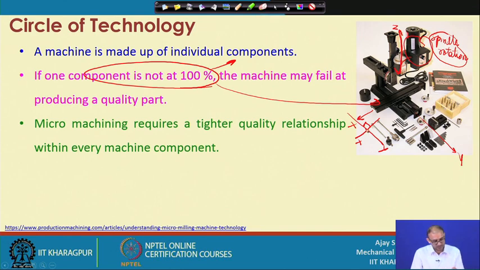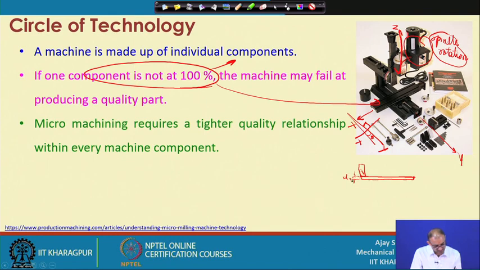That means the perpendicularity should be maintained. If perpendicularity is maintained but the flatness is not there, then there are problems, because you want to cut something like a straight line in this case, and because x and y are not exactly parallel and have some angle theta, your tool is right now here and you want to cut from this to this, this much distance only, and the depth is the same from here to here.